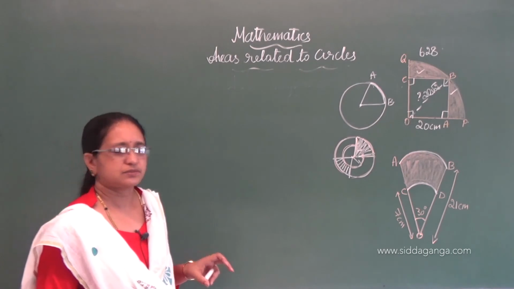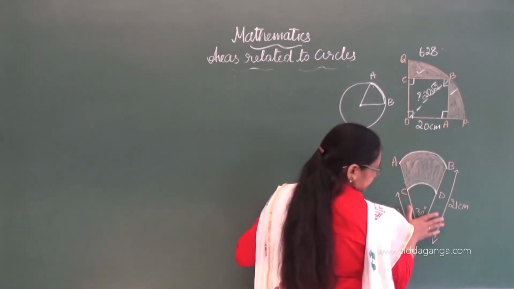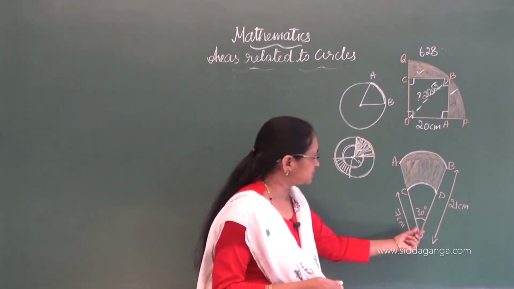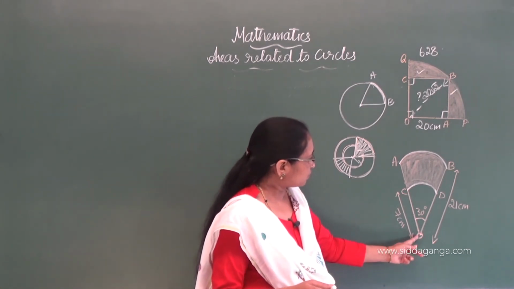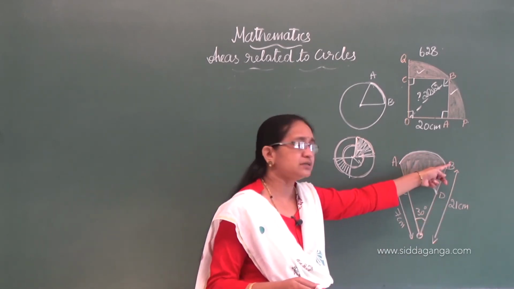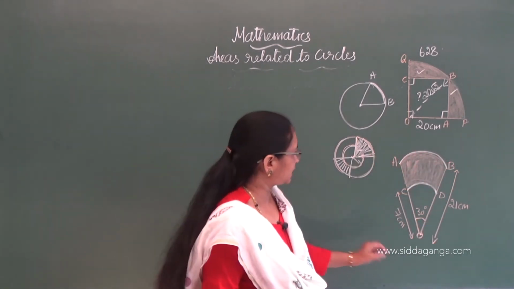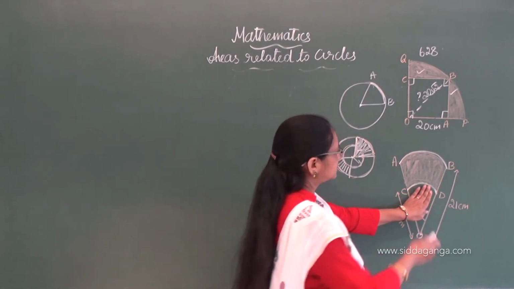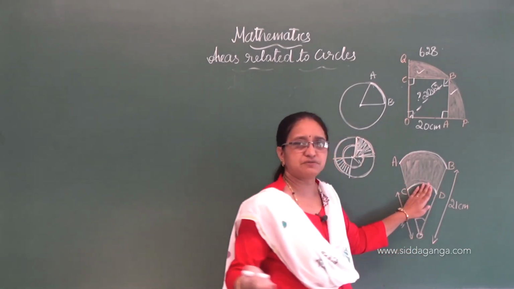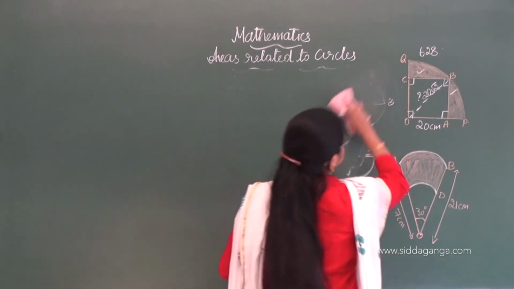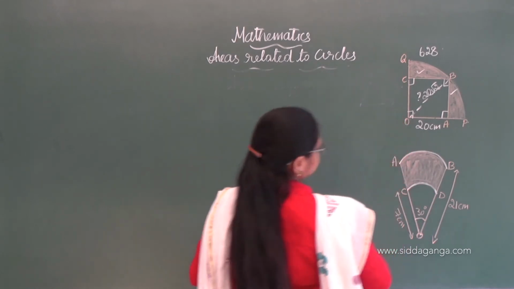Area of the bigger sector, that is, area of the sector OAB, minus area of the sector OCD. If you subtract this, the shaded region will remain. Okay, it is quite easy. So, let us try to do this sum.